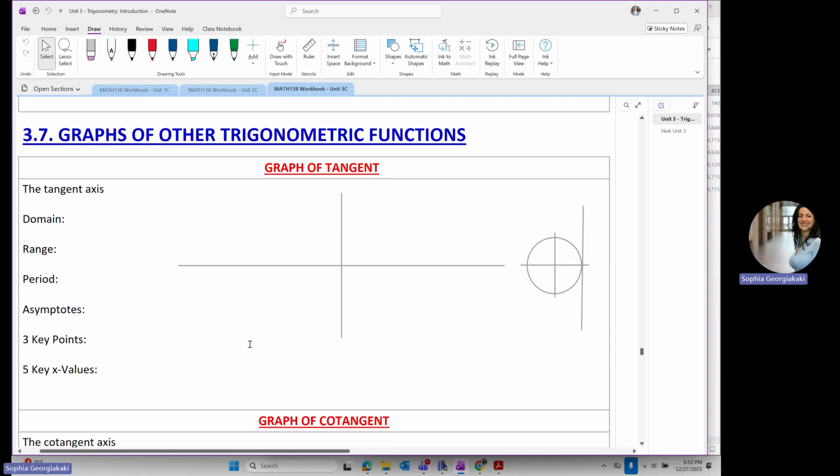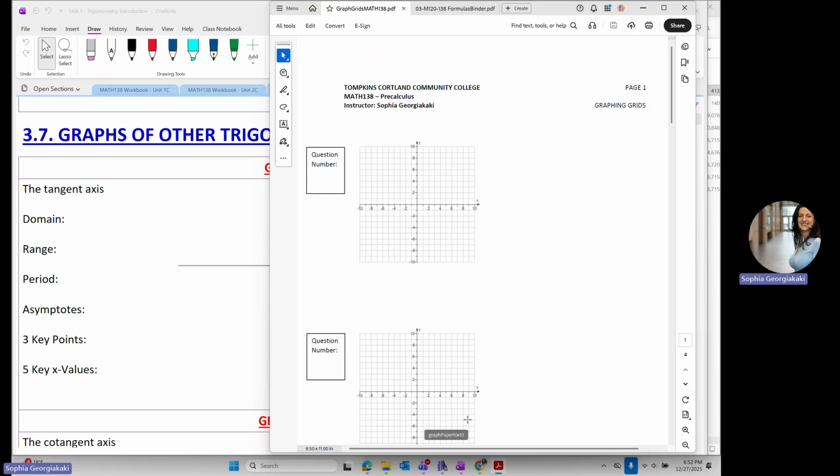So to start with the graph of the tangent, I want to remind you that we discussed that the unit circle is a circle that has the center at the origin, a radius of 1, and it looks really tiny in the Cartesian coordinate system.